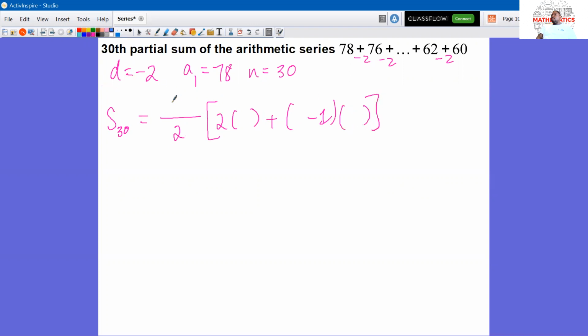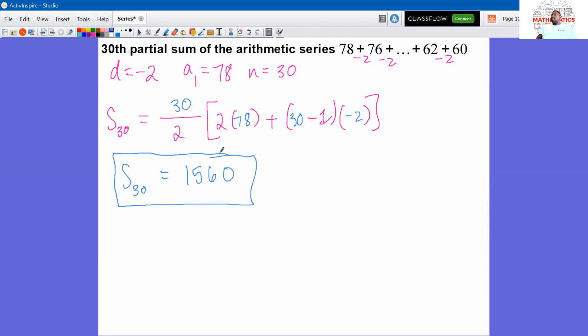That is 30 over 2, 2 times 78 is 156, plus 29 times -2, and I get 1,560. That's the sum of the first 30 terms, the 30th partial sum.